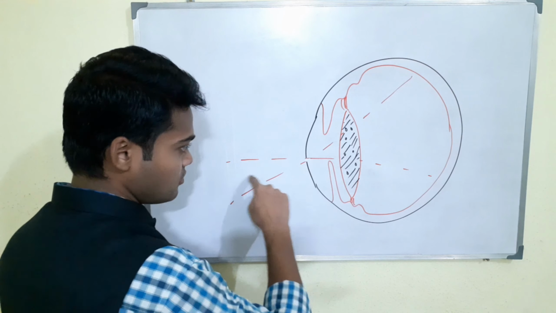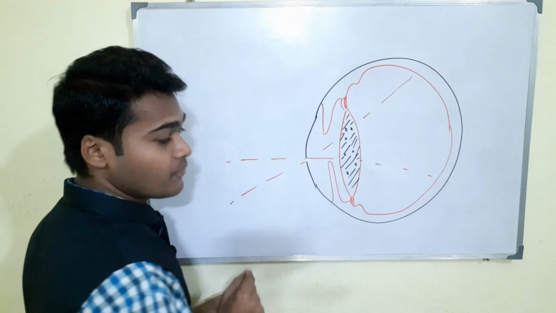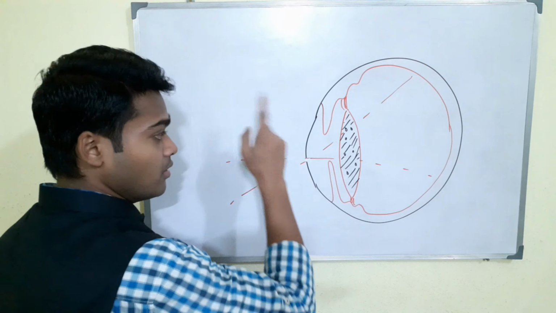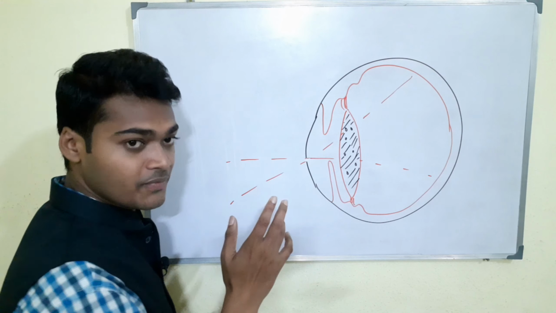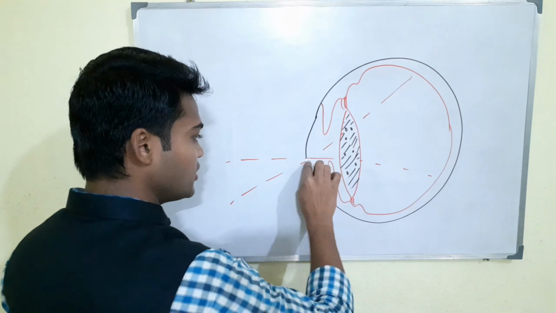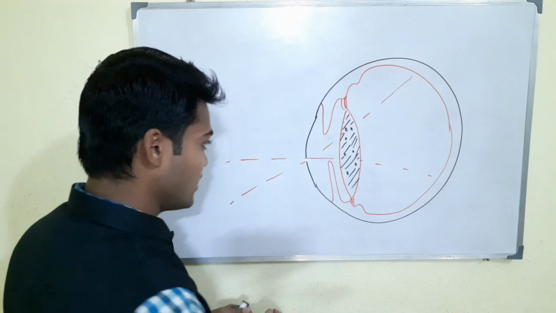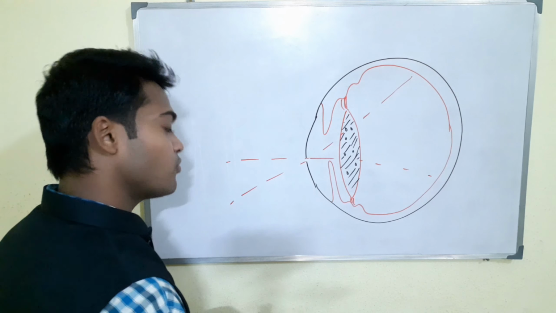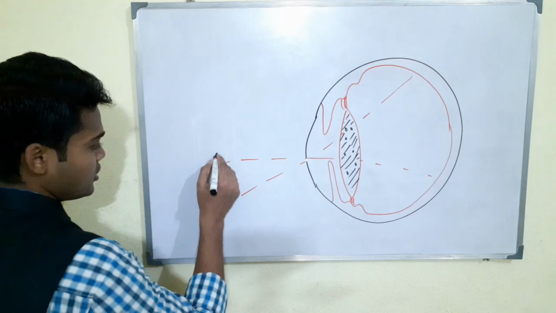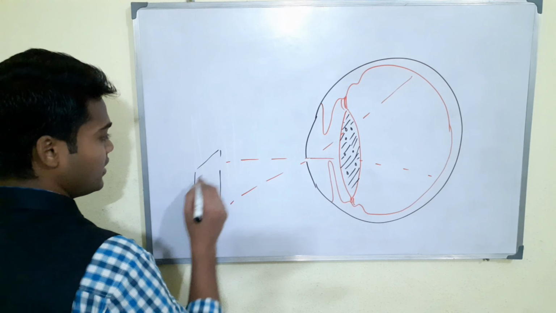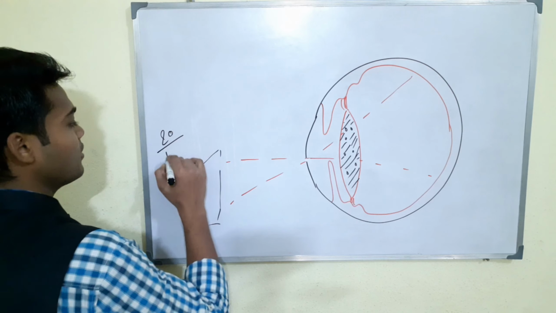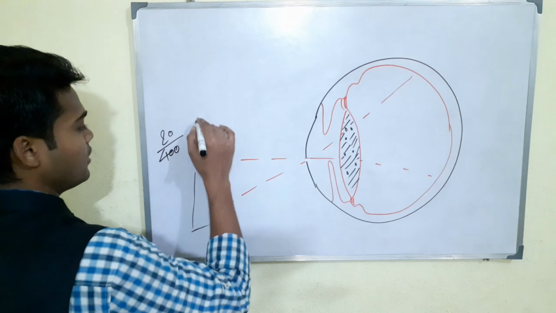Then I will show you, just assume this path is clear. Second case, the first case I take is a cataract, the second case is corneal opacity. So if this path is still transparent, then this type of image formation takes place. And just assume the PAM, potential acuity meter chart, carries letters from 20 by 400 to 20 by 20.